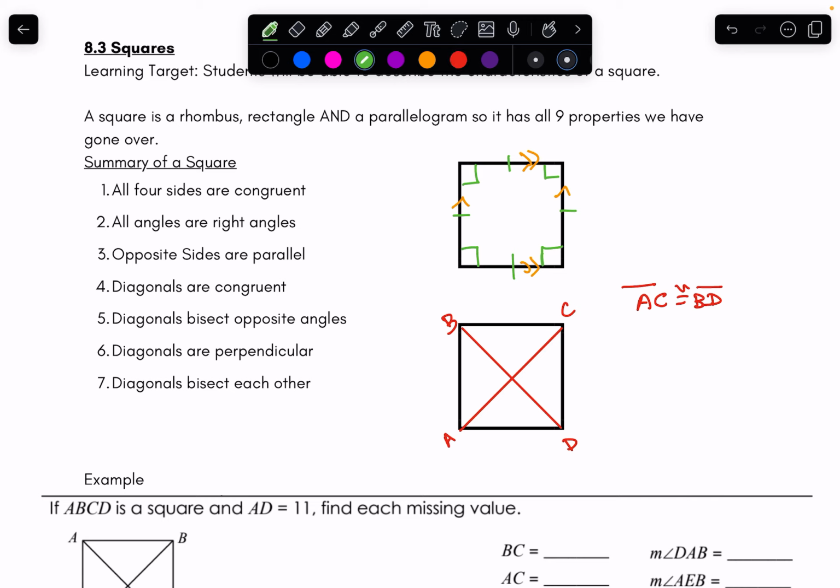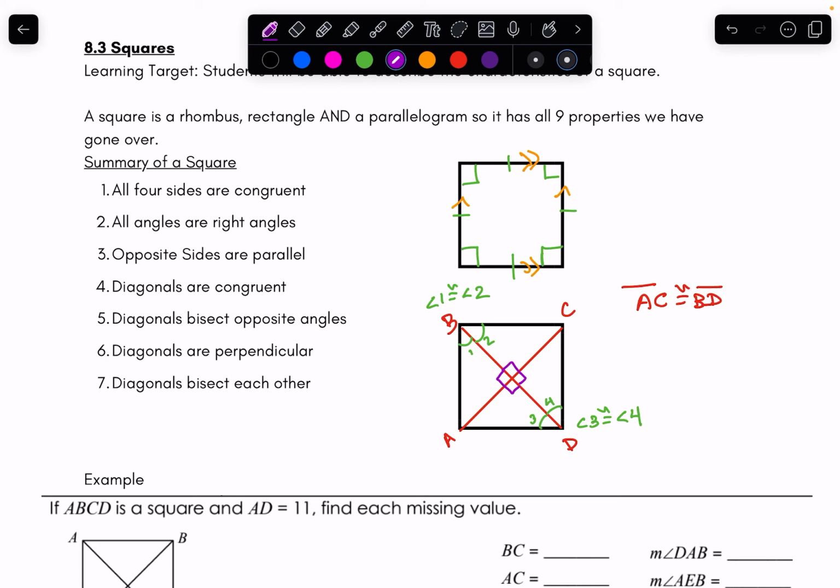Because it is a rhombus, the diagonals bisect each angle. So for each of these angles, we have a set of congruent smaller angles formed because it's a bisector. Because it is also a rhombus, we know that they are perpendicular to each other.